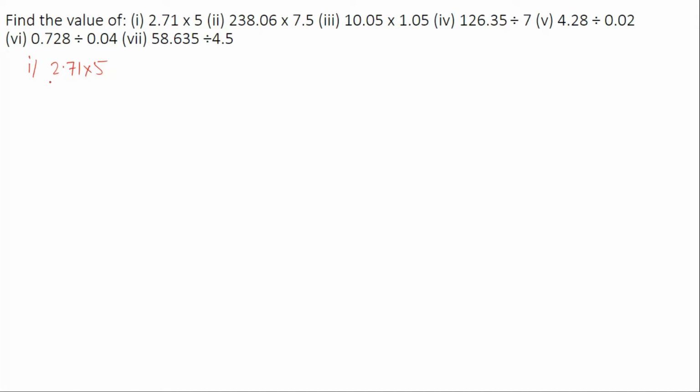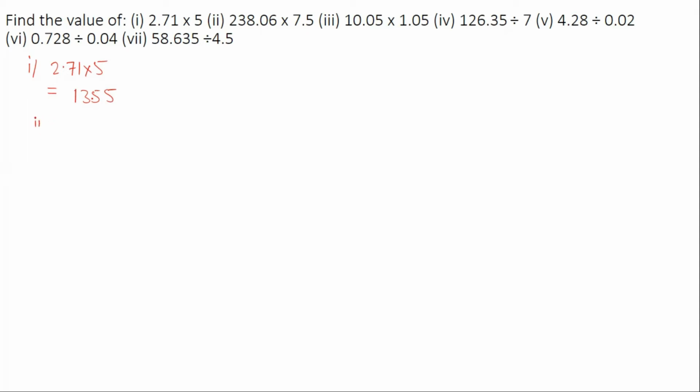So it will be 1355. Now count the digits after the decimal, that means 1 and 2. So leave 2 digits from the right hand side, and put the decimal here.